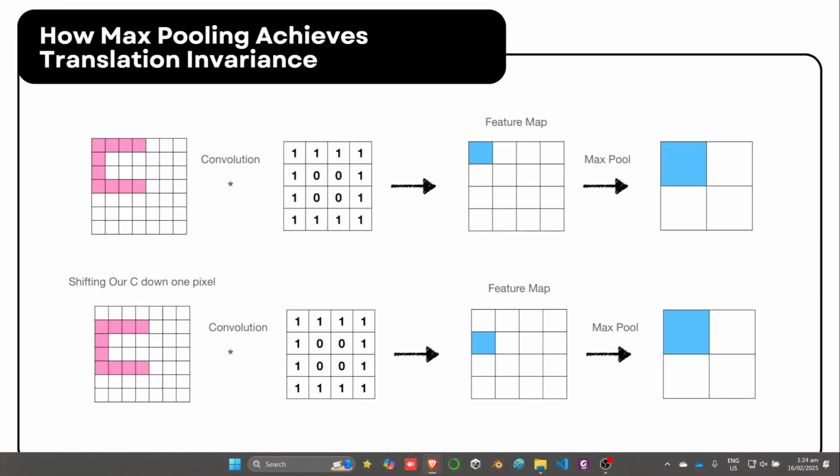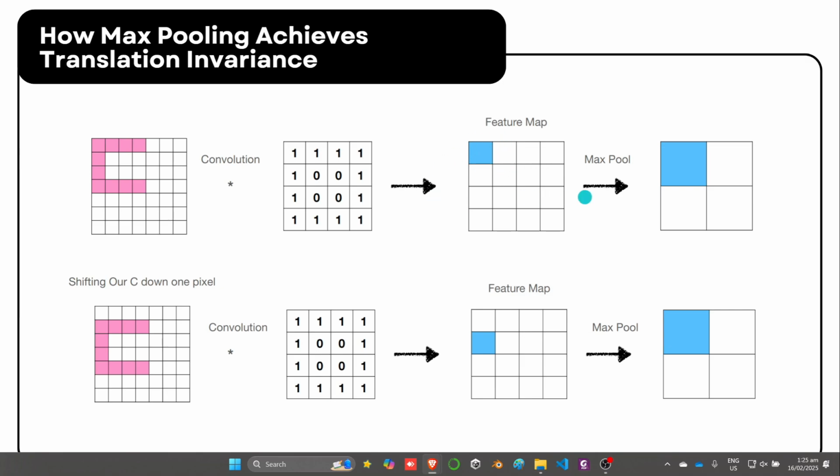And so, how does max pooling achieve translation invariance? Let's take a look at this slide. As you can see, we can convolve it with this kernel, this filter, and we get the feature map output, with this blue portion being represented here.